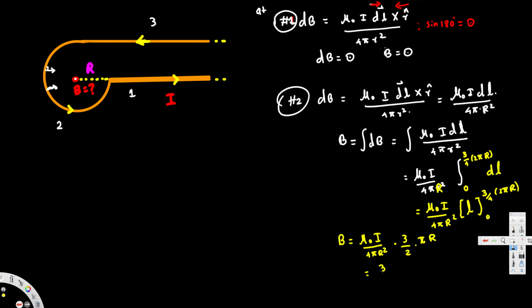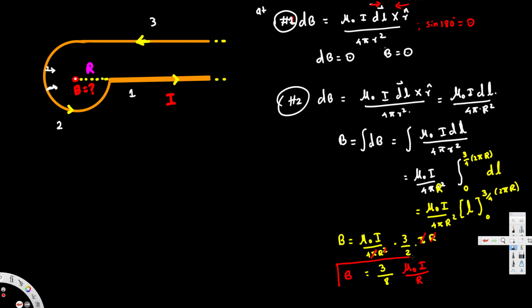And finally we will end up with 3 over 8. And then this pi cancels, and one of the R cancels. Let's show this one here. So this pi and this pi cancel, R square and this R cancel. So finally we end up with 3 over 8 mu naught I over R. We have R here, and that's our answer for this one.